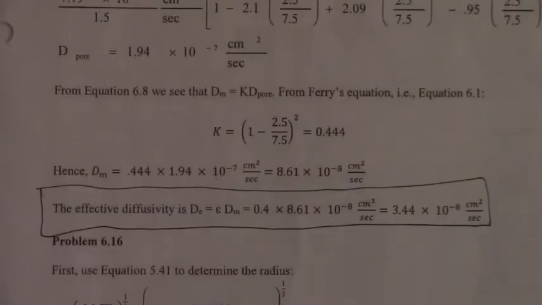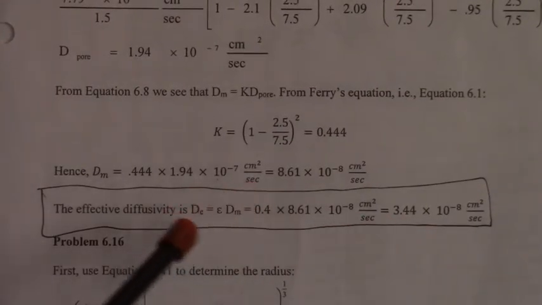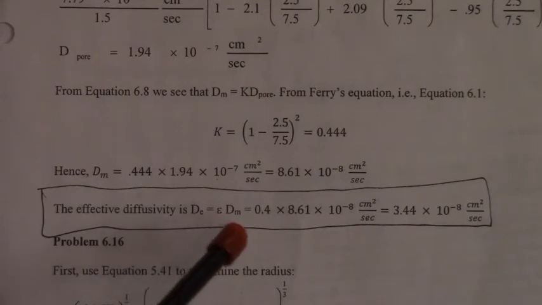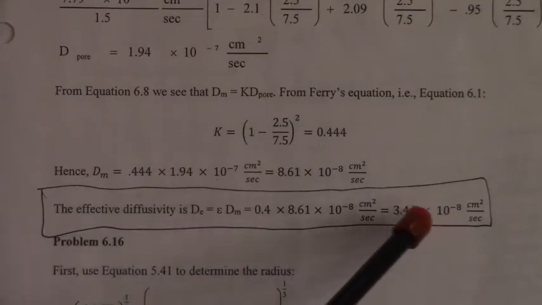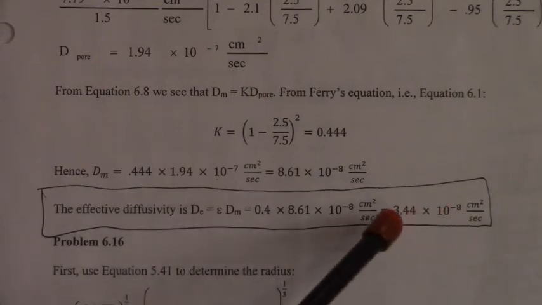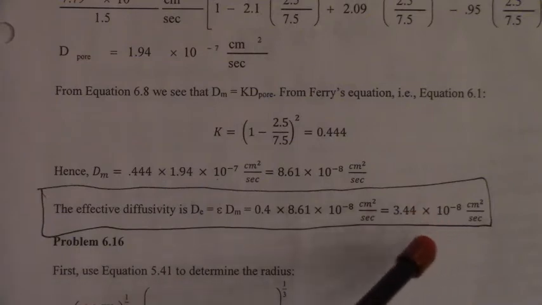And then once again, if we multiply that membrane diffusivity by the porosity of the membrane, we calculate the effective diffusivity of the membrane for the solute of 3.44 times 10 to the minus 8 square centimeters per second.